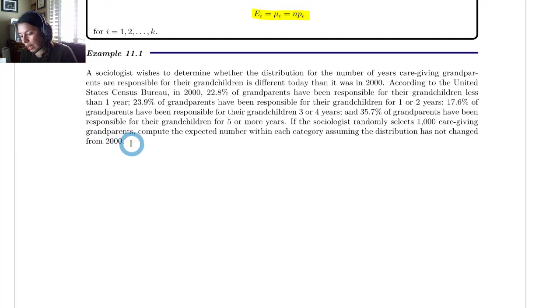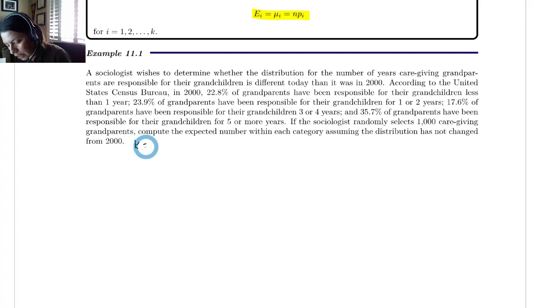Okay, so how many categories do we have? We have the grandparents taking care of their grandchildren less than 1 year, 1 or 2 years, 3 or 4 years, or 5 or more years. Okay, so we have 4 categories. So let's go ahead and see what that looks like.